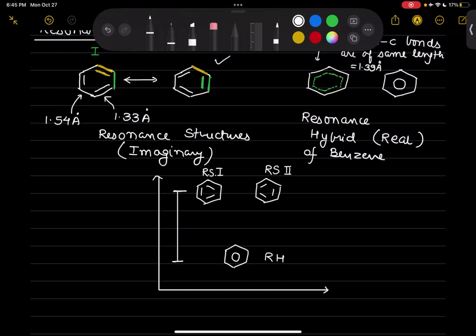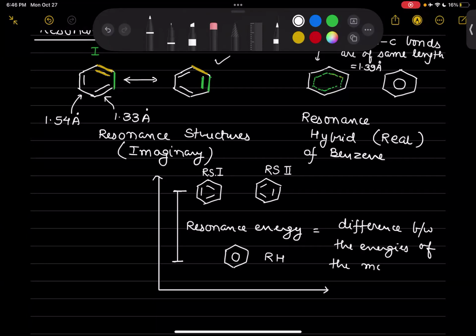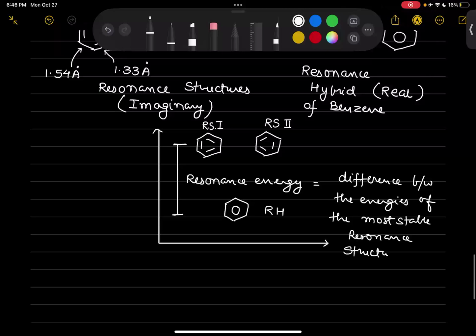This is known as resonance energy: the difference between the energy of the most stable resonance structure and the resonance hybrid.